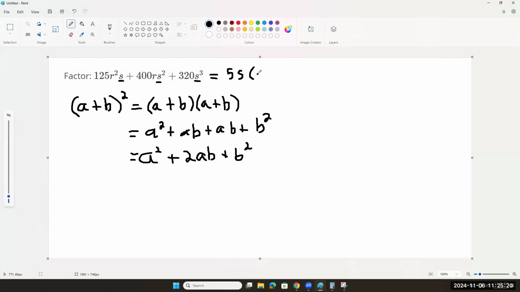Now that leaves me with 25R squared, because 5 times 25 is 125.